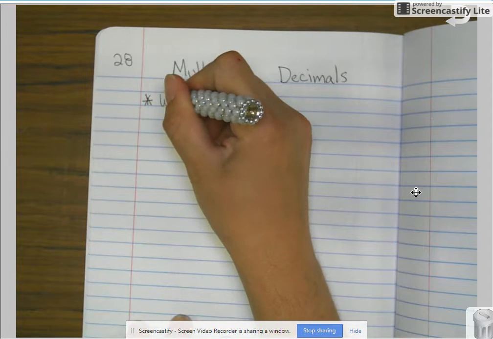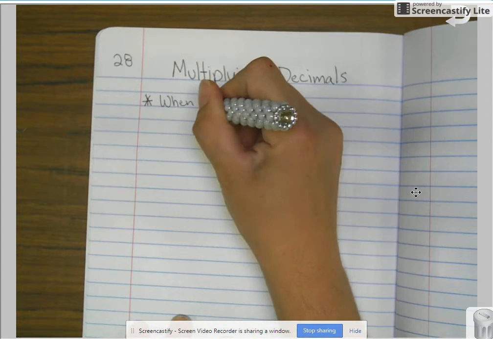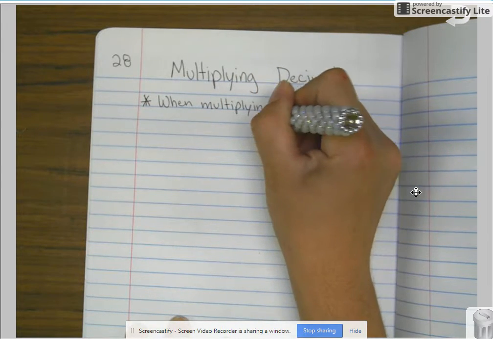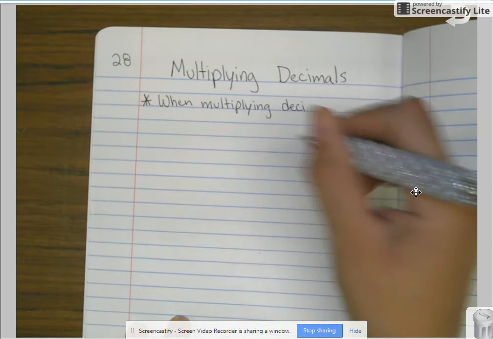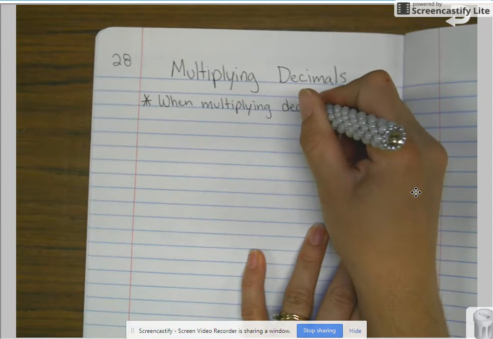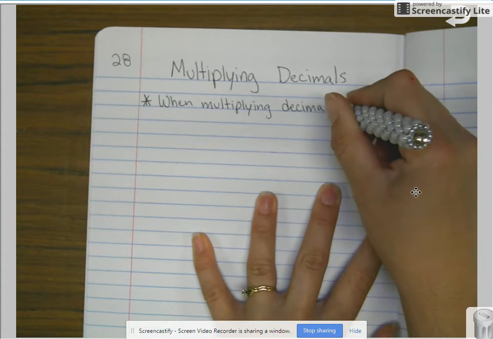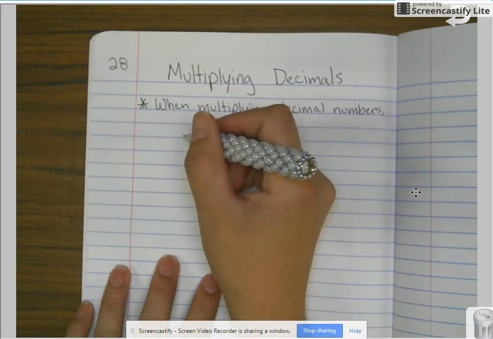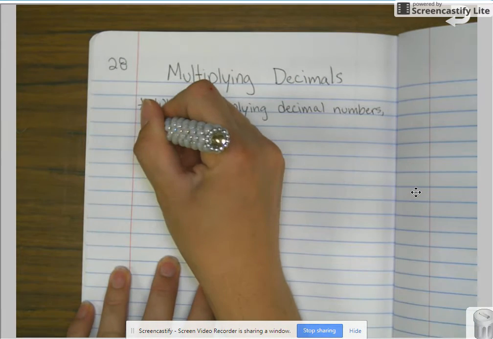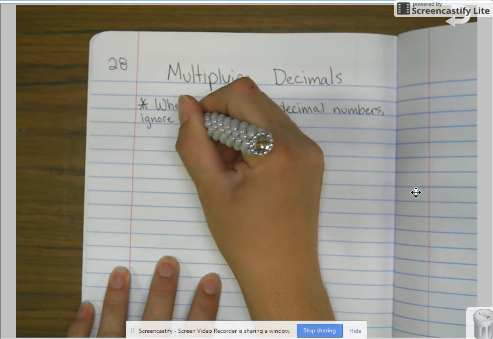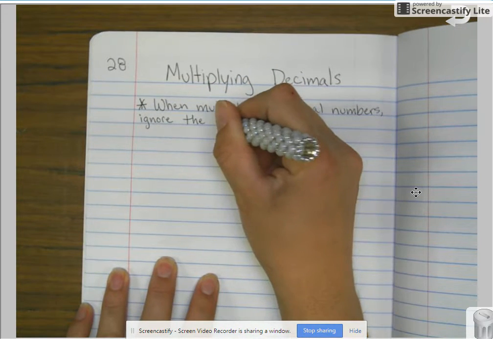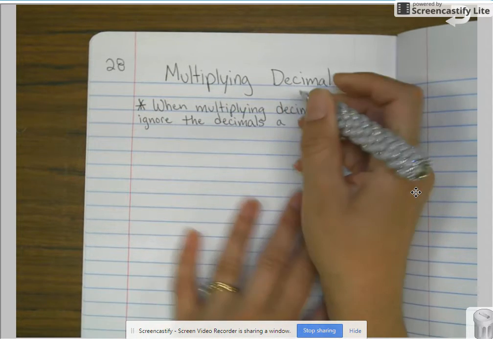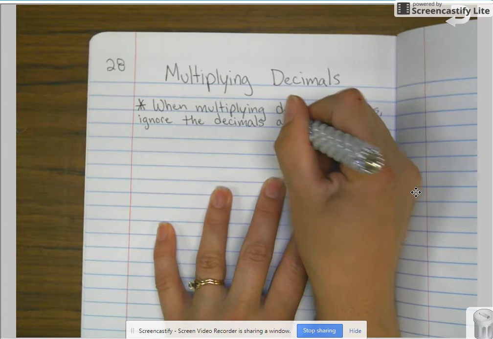When multiplying decimal numbers, ignore the decimals at first. So we're just going to multiply like we usually would and kind of ignore those decimals at first.